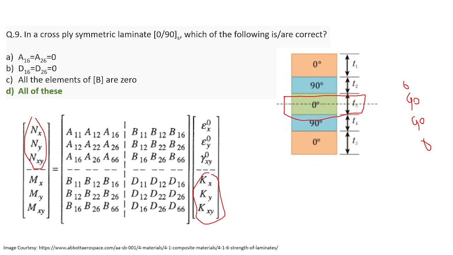Similarly, when there is a moment in y direction, there won't be a rotation in xy plane. Therefore, D26 will also be 0. This is only eligible for symmetric laminates, so for a cross-ply symmetric laminate, all the elements of B are 0. So all of these are correct statements, and all are the answer.